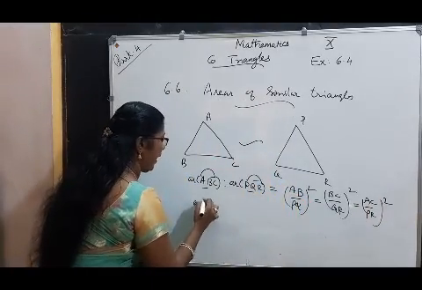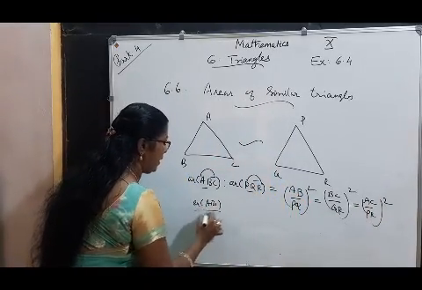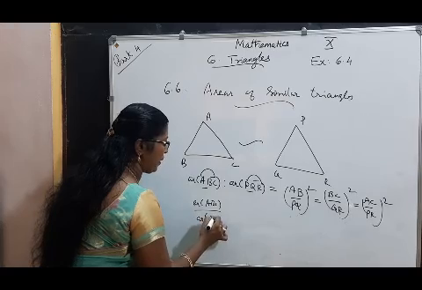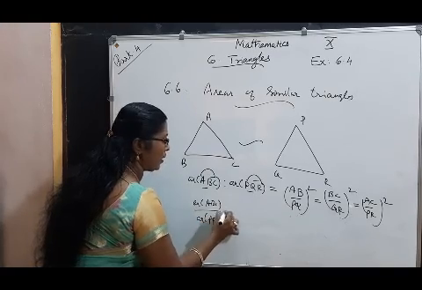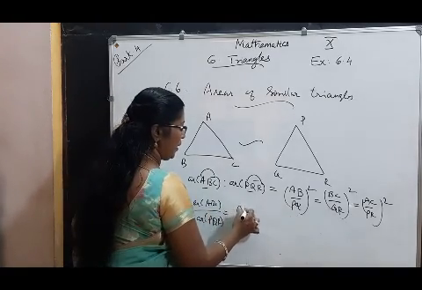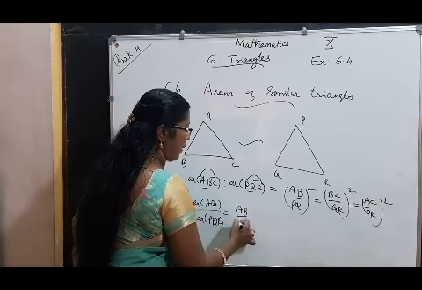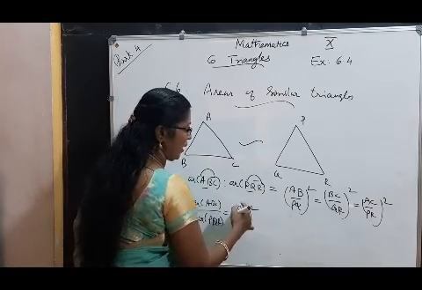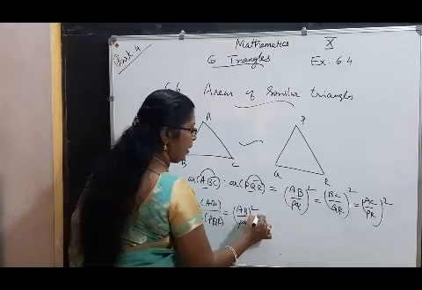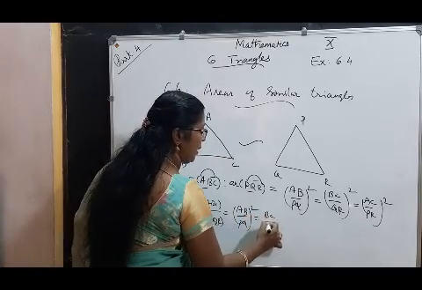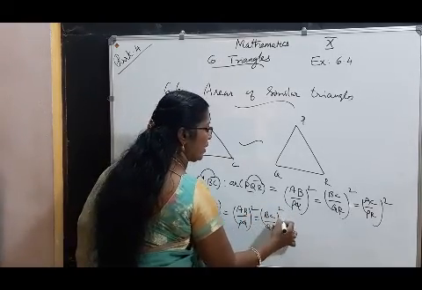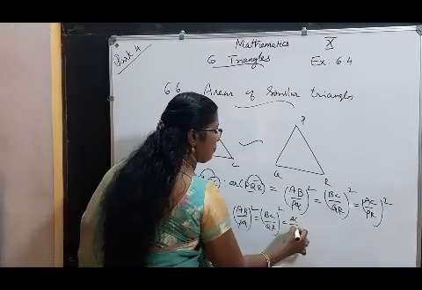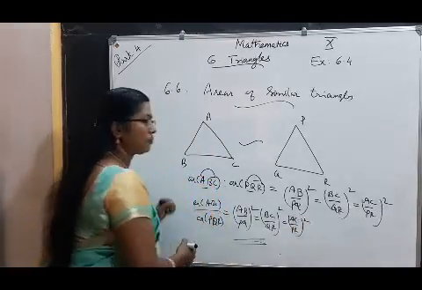Here area of ABC by area of PQR equal (AB by PQ) the whole square, or AB square by PQ square, equal to (BC by QR) the whole square equal to (AC by PR) the whole square.